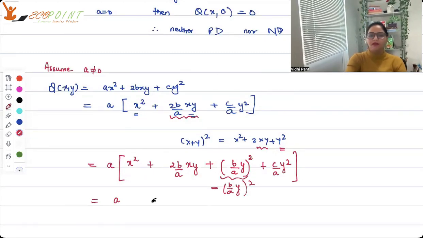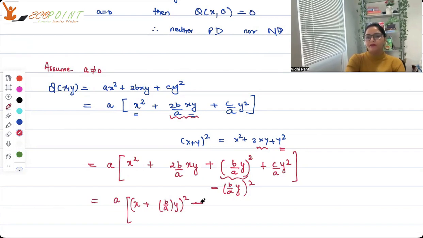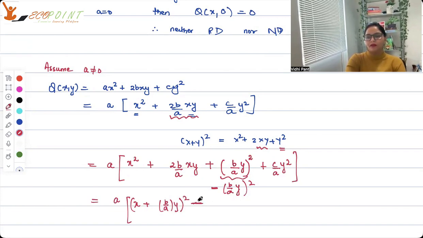So it's a part of this. So you will have x plus b by a y whole square of this, plus c by a minus b by a whole square times y square.